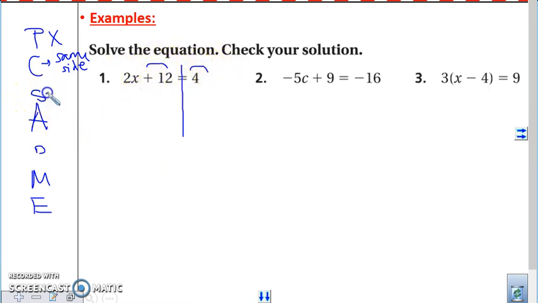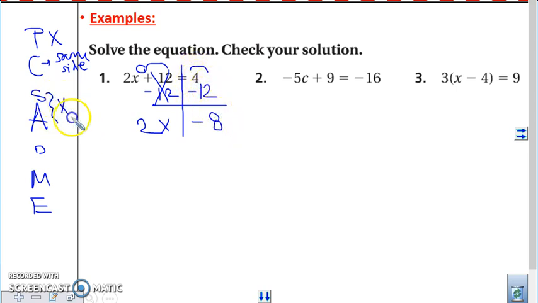Is there subtraction or addition in our problem? Yes. Here's the addition. We first want to undo addition. How do we undo addition? What's the inverse? Subtraction. Take away 12. Now we have 2x. 4 minus 12 is negative, don't forget that negative, I see a lot of mistakes with that, negative 8.